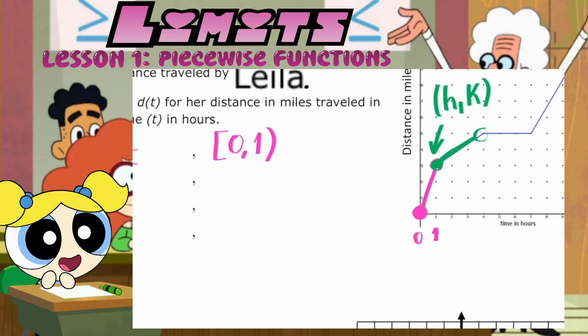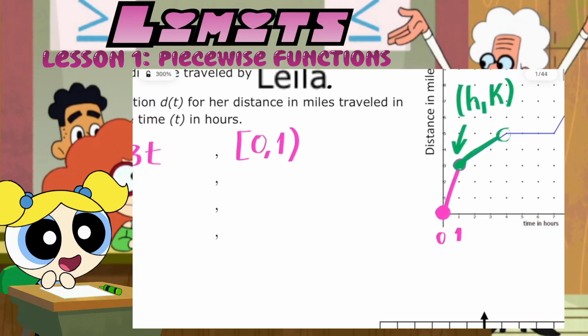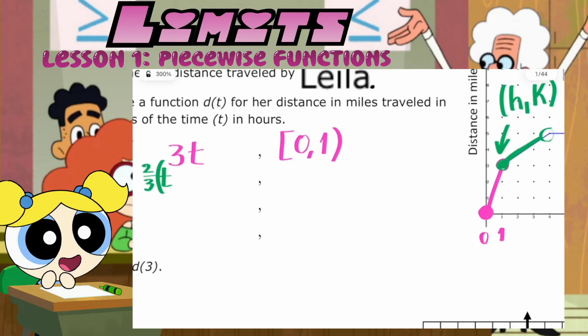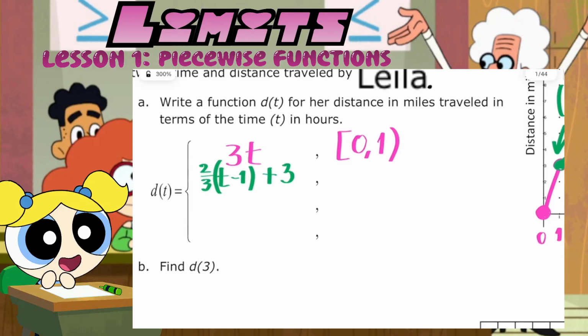So I'm going to use that as my h, k. So it went to the right 1, and then it went up 3. So if it went right 1, I'm going to have minus 1 in the parenthesis. Up 3, I'm going to have plus 3 on the side right there. And that is the second piece of the piecewise function, and I avoid having to deal with mx plus b.